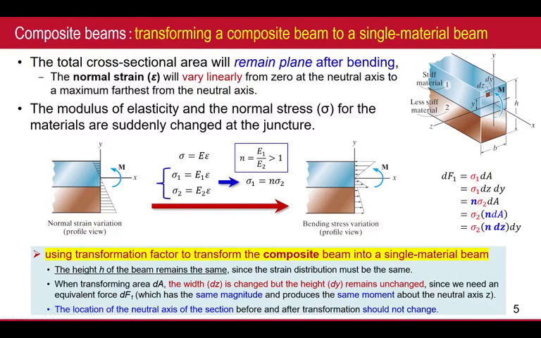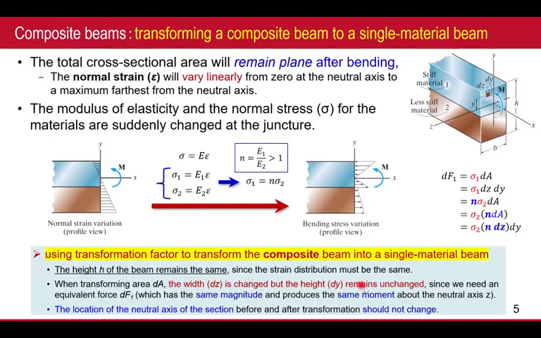We use this to transform a composite beam into a single-material beam. That means the height h of the beam remains the same. This must stay the same. Why? Because we cannot change the loading conditions. So the height cannot change.